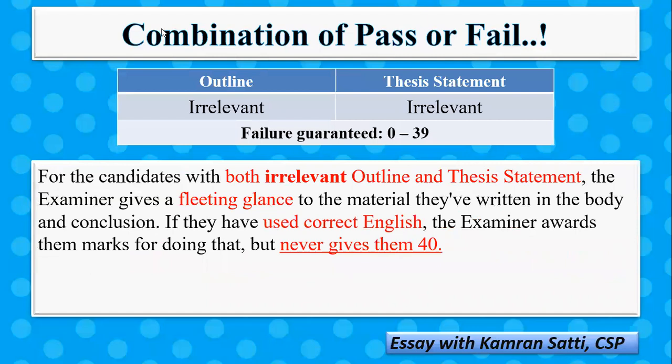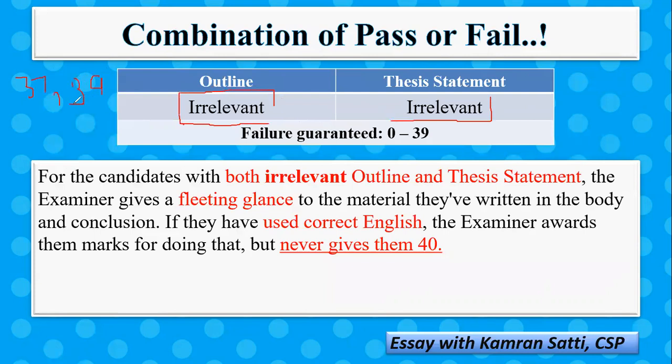Now these sort of candidates are those who have good English. Okay, I often come across aspirants whose English is very good, but they can't make it. They can't make the cut. Sometimes they fail at, let's suppose, 37, sometimes even at 39. I have seen candidates failing.